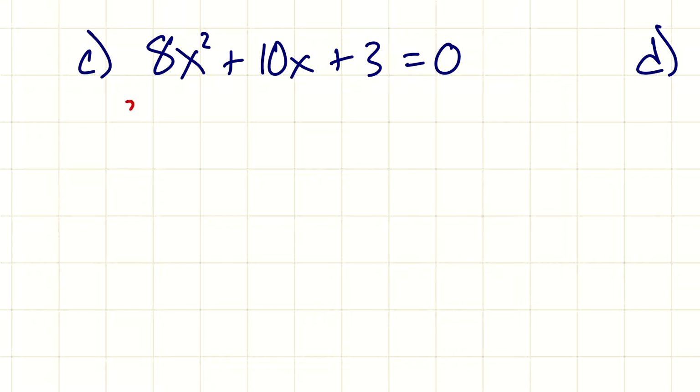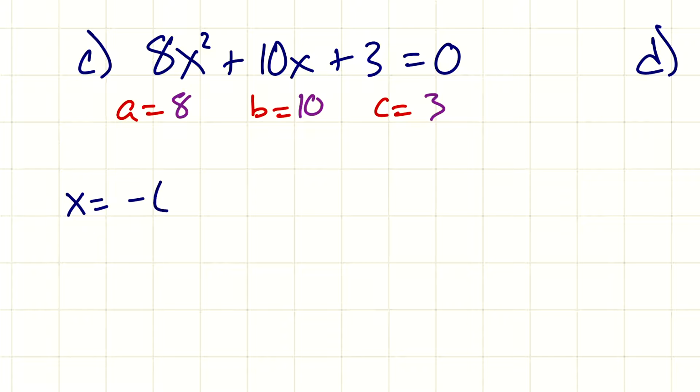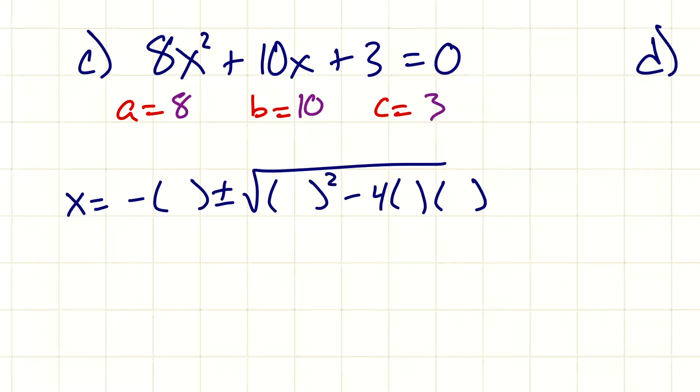So this is going to be, I need my ABCs. This is going to be 8, 10, 3. Negative something plus or minus the square root of something squared minus 4AC, over 2 times something.